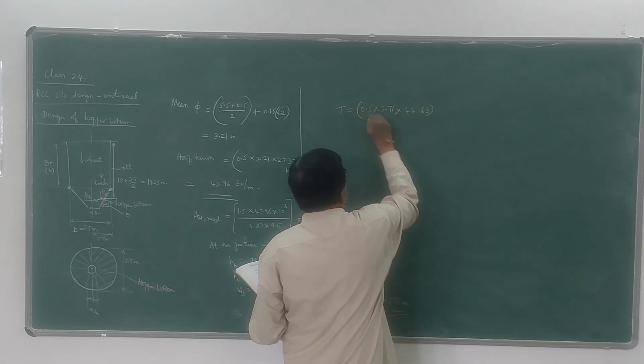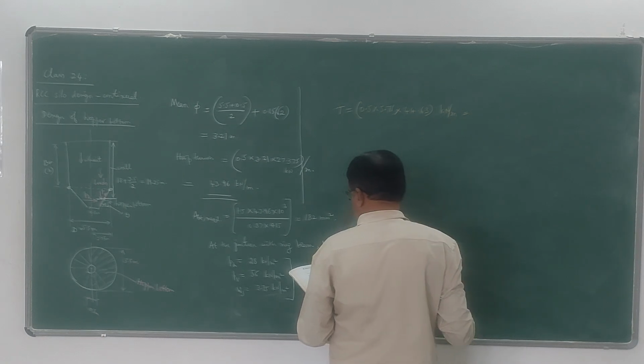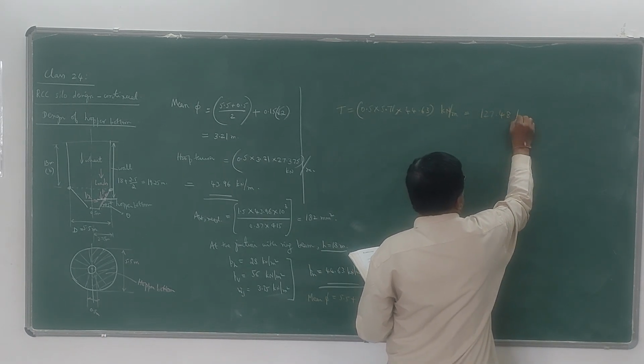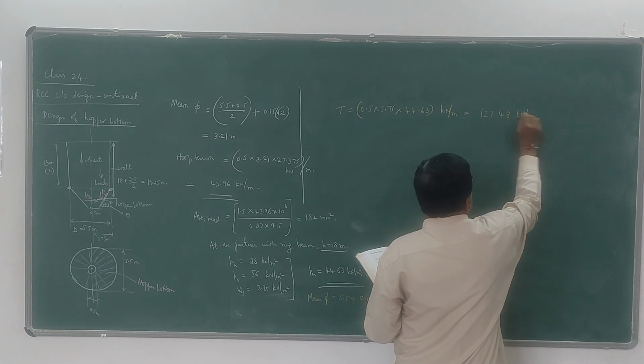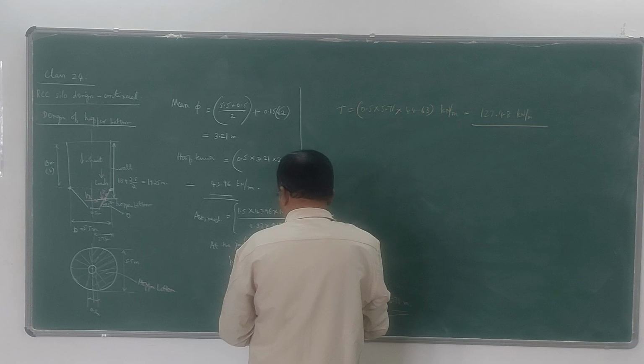So this is the value in kilonewton per meter. If you simplify this, you will get 127.48 kilonewton per meter. For this, the Ast required can be calculated.